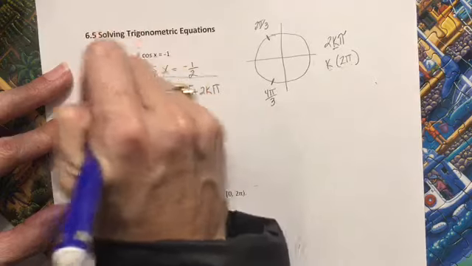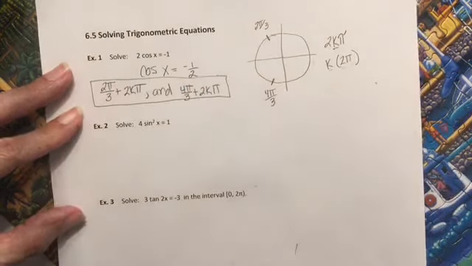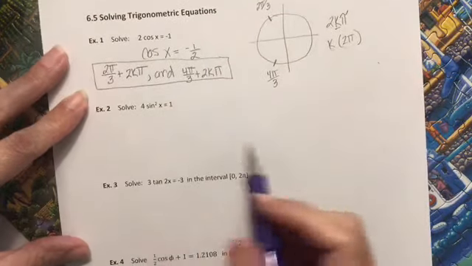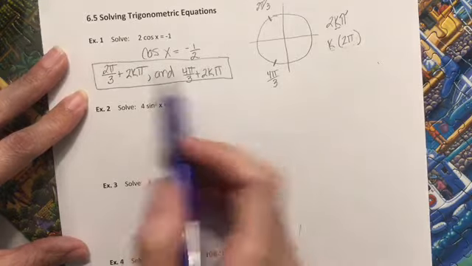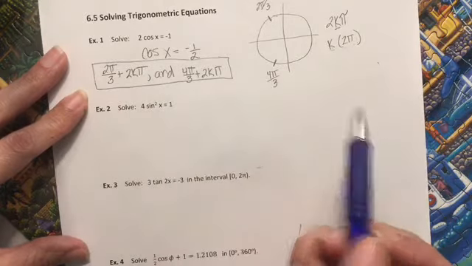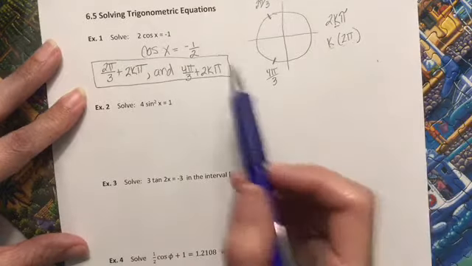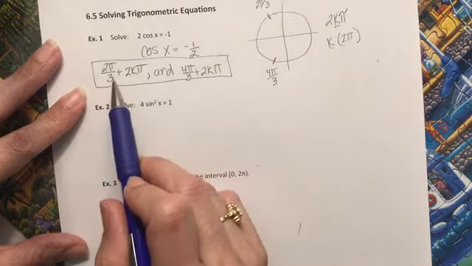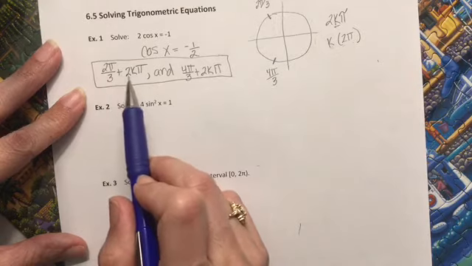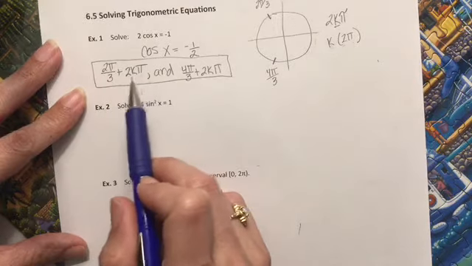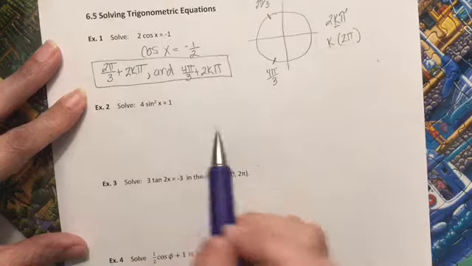So there's your answer. And the book has this, so if I go too fast and you don't understand, go ahead and look in the book. They also give the answer in degrees. Most of the time we're going to stay in radians, so I'm just going to leave it in radians. The book also tells you that that's 120 plus k times 360 instead of k times 2 pi. So go ahead and peek at that.